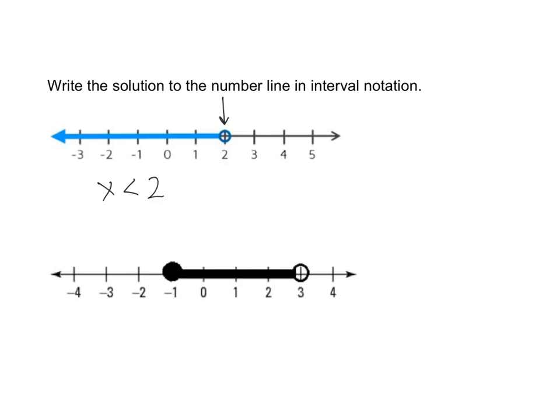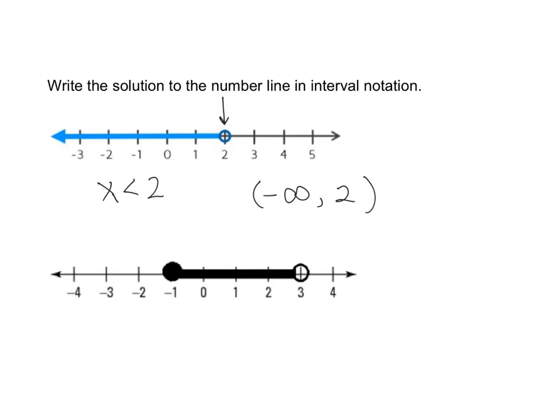So using the previous examples we've done that involved intervals for less than inequalities, I know I'm going to have parenthesis, negative infinity, comma, and then our number, which in this case is 2. And because I've used a strictly less than, I know I'm going to put a parenthesis. So again, you can go straight from this number line to this interval if you're comfortable enough, or you can take this first step of writing the inequality first.